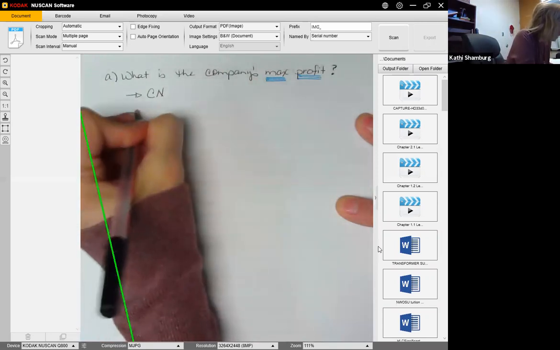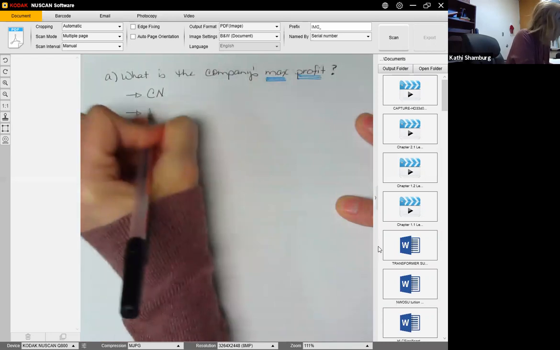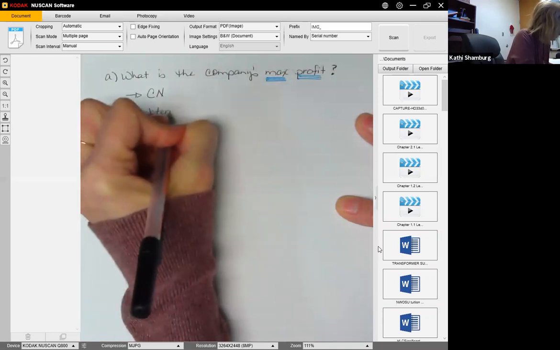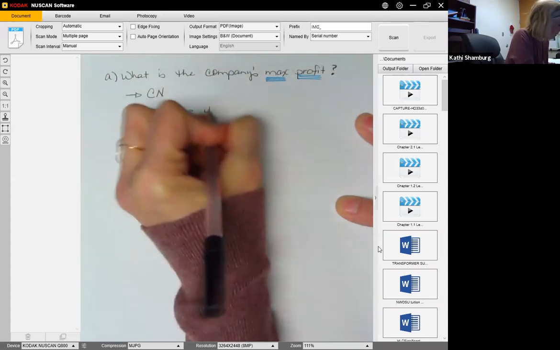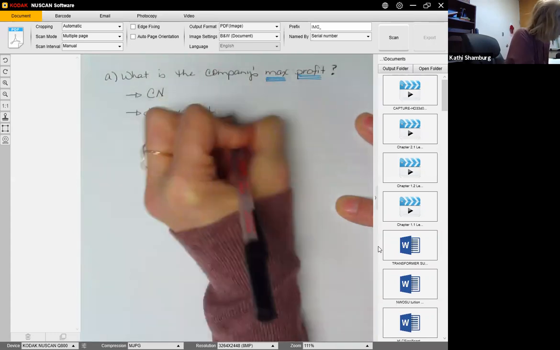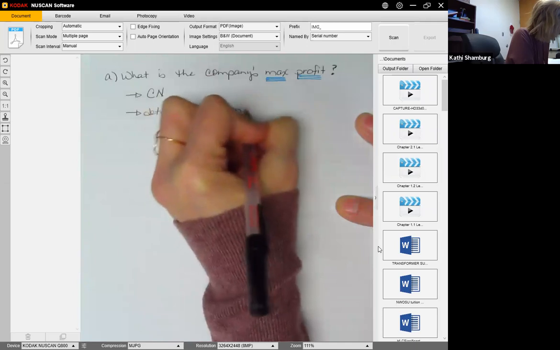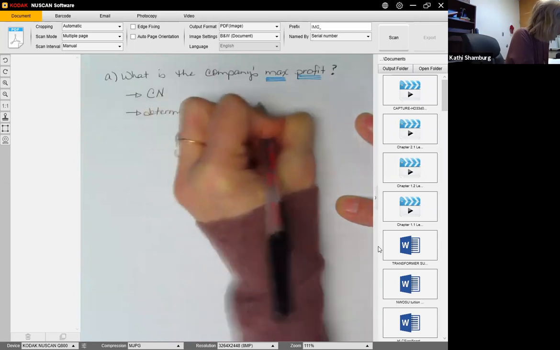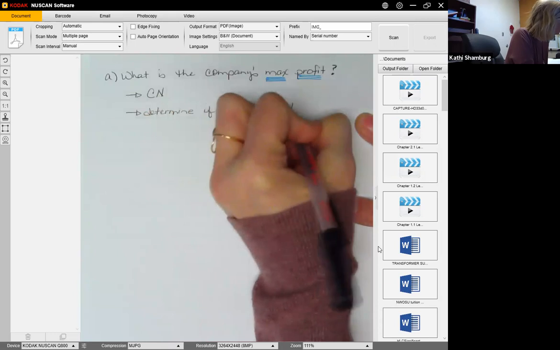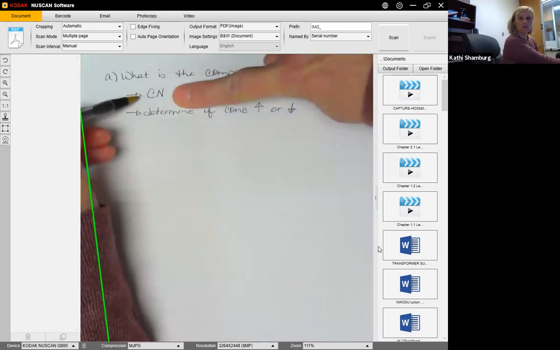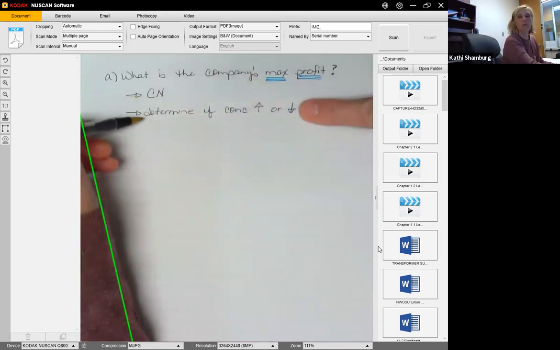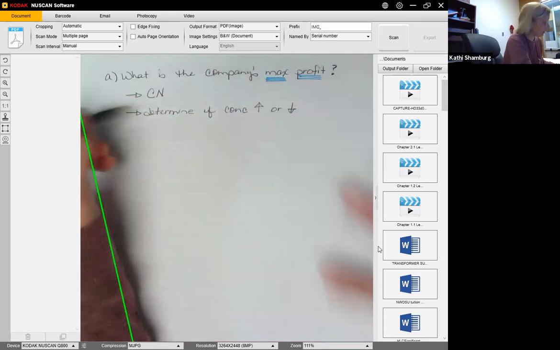And then once I do that, I need to determine if that critical number is a maximum or minimum. And how do we do that? We determine if it is concave up or concave down. We can find the critical number with the first derivative. To determine if it is a maximum or minimum, we're going to have to look at the second derivative.